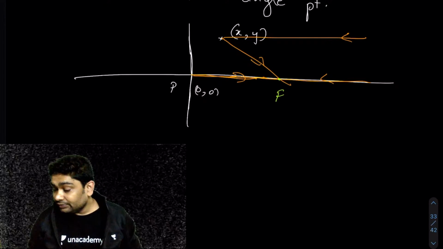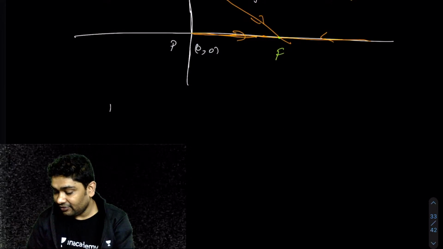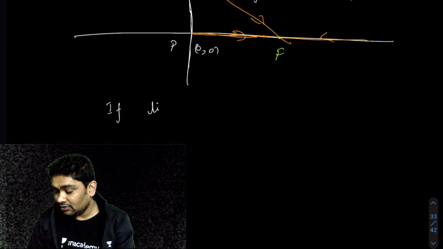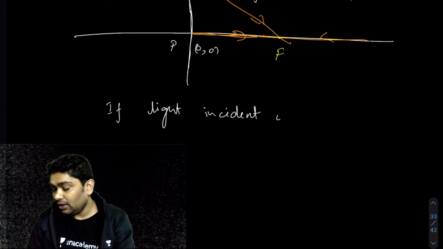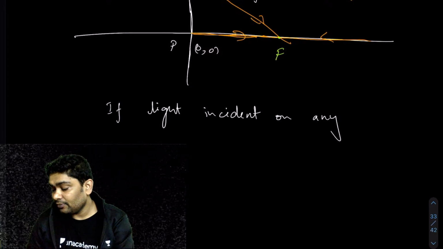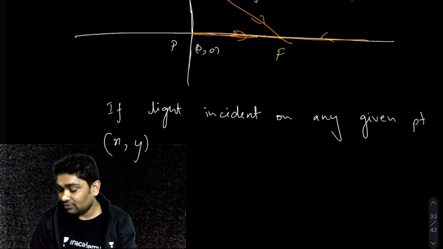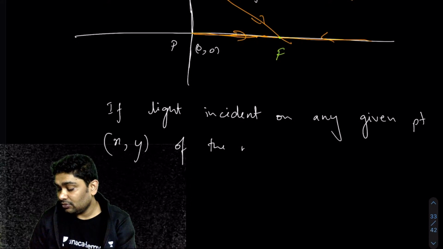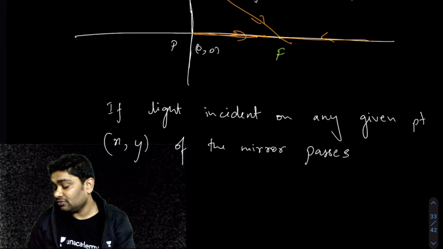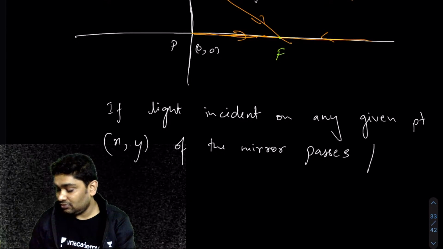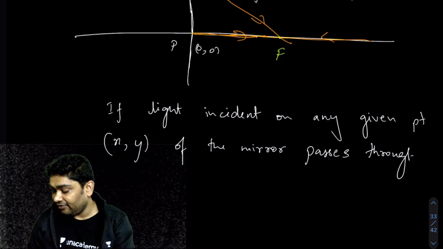Okay, so I can say if light incident on any given point x, comma y of the mirror passes through F after reflection.